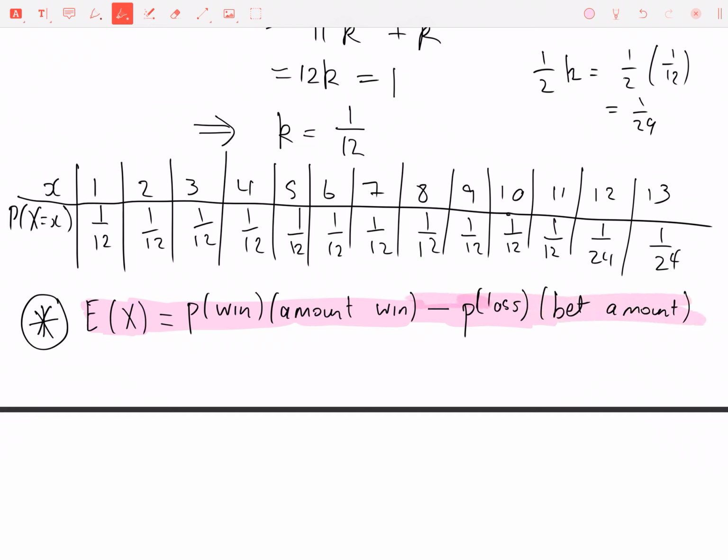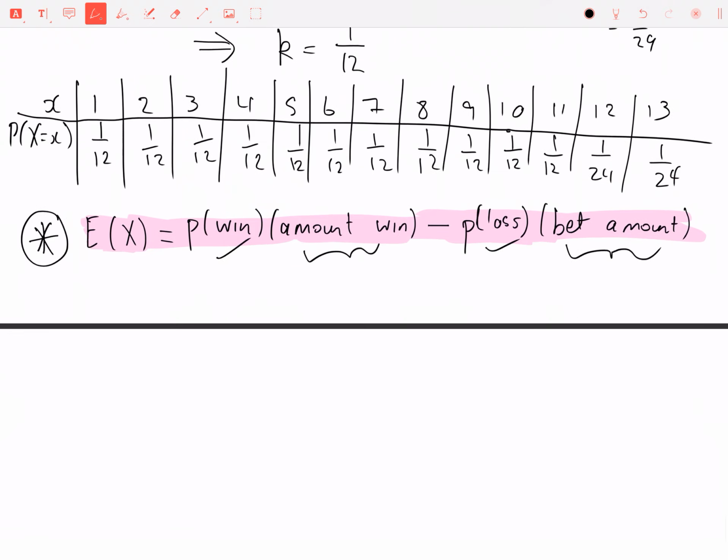So how does that help us here? Well, we know the probability of winning and losing if we had to, but how do we know the amount won and lost, and the amount we bet? So in the question, it tells us we bet 1 rand on the number 1.